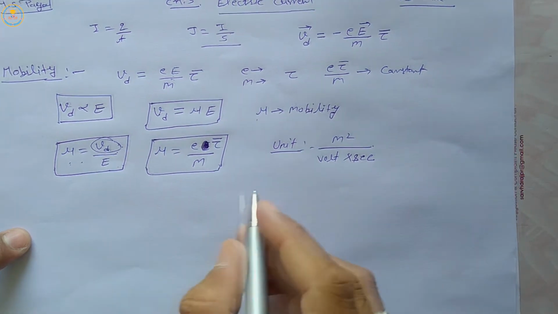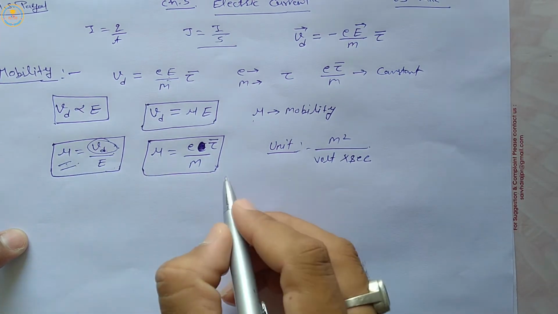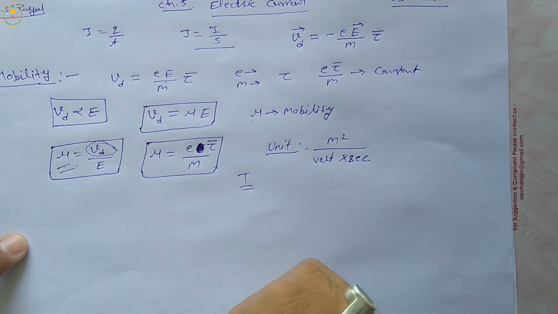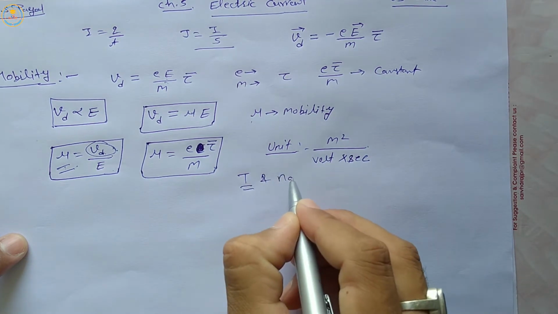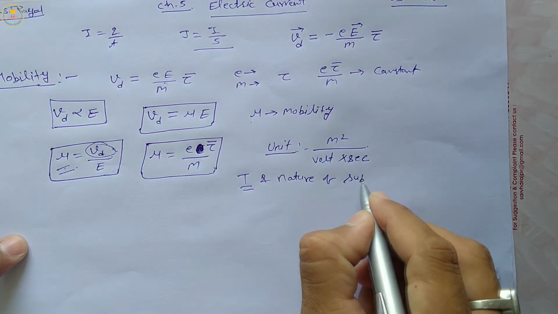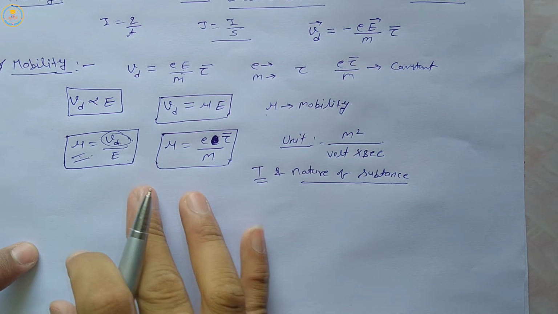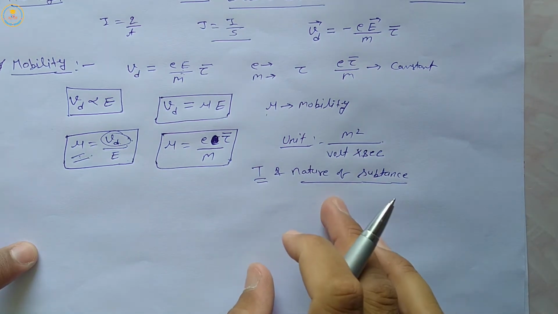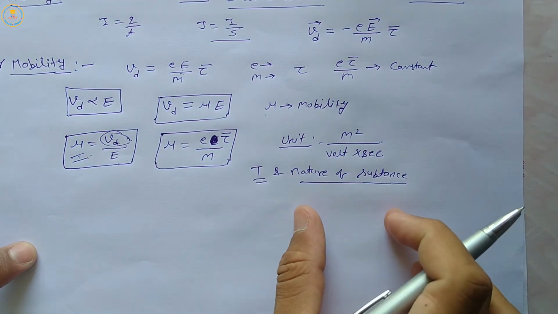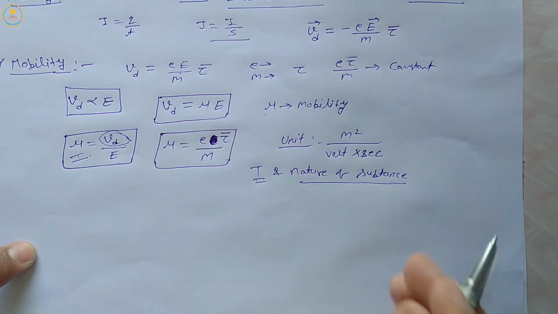And the value of mobility depends upon the temperature of the substance and the nature of the substance. Mobility depends upon two factors of a substance or matter. First is temperature and second is nature of a substance.